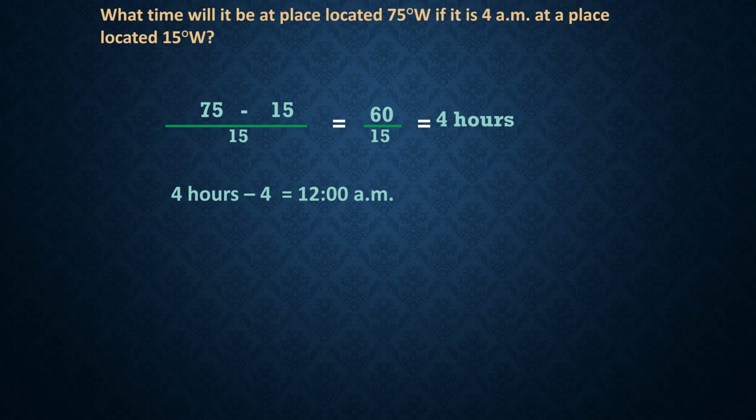But if you're looking for the time of a place located east in relation to the other place, even though they're both west of Greenwich, remember the principle. If you are going east, you are gaining time. So therefore, you have to add. That is the reason why we add if we're looking for the time of a place that is located east in relation to the other place.